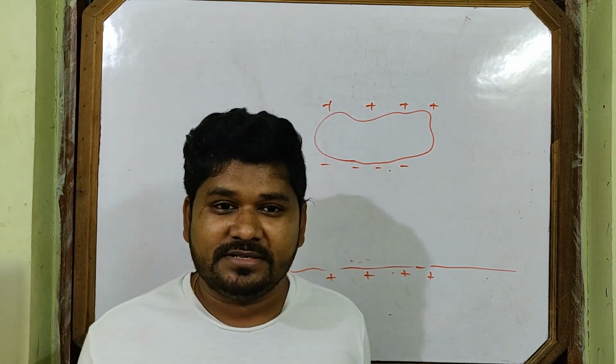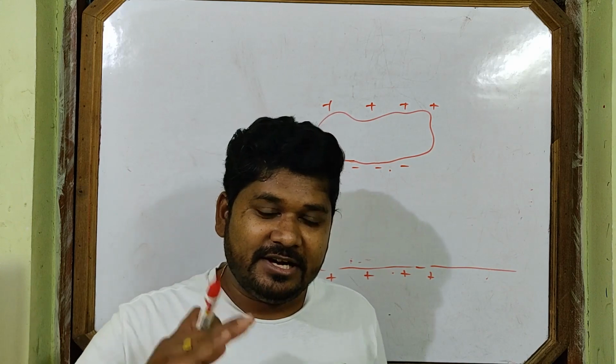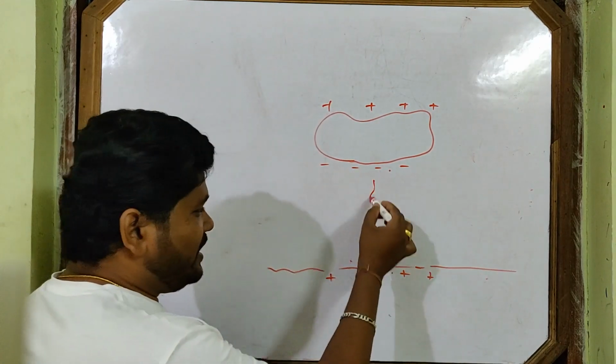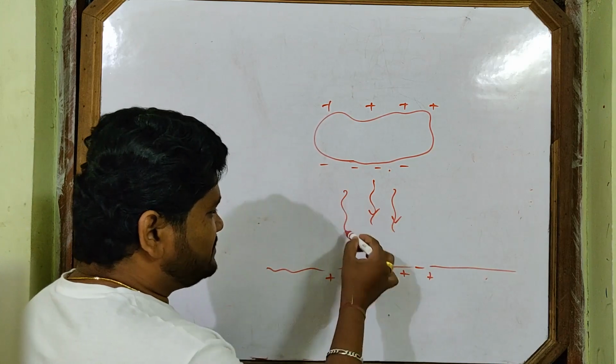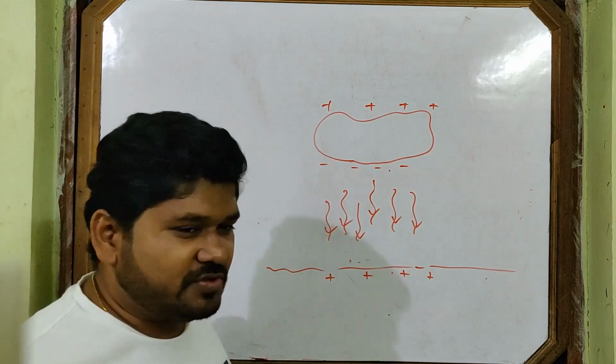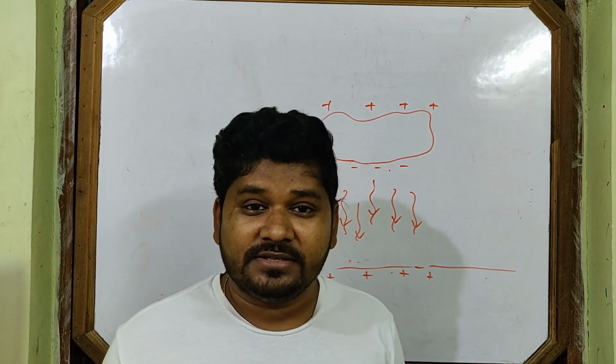Dielectric breakdown happens. It becomes more than the dielectric strength of air. So immediately current comes. Electrons now pass to earth.